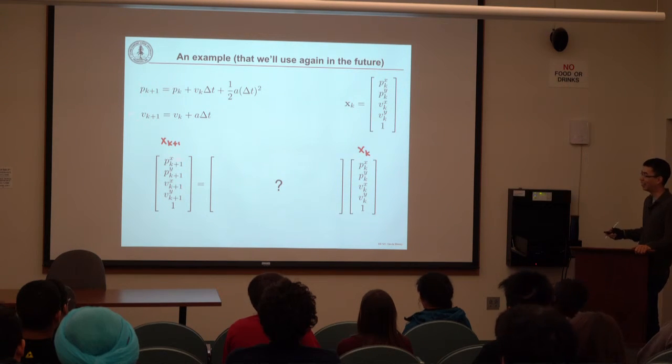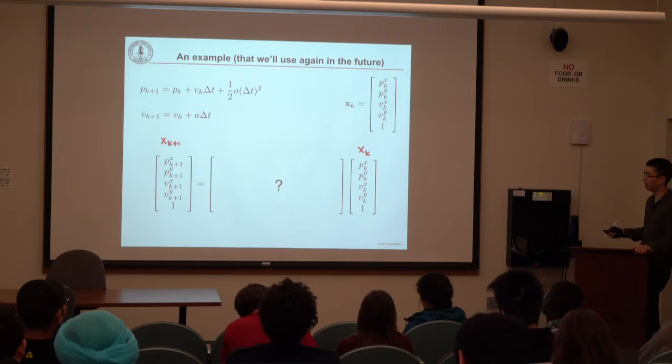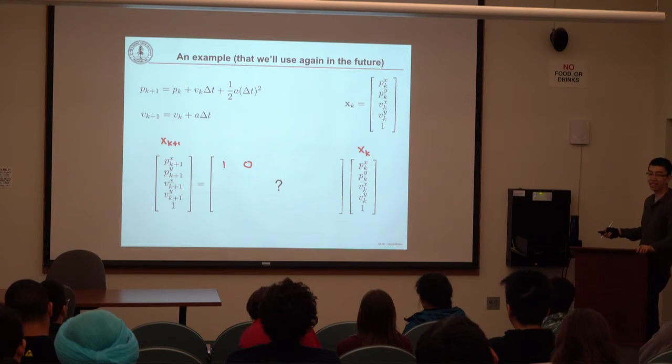Yeah. So it'll be a 1, right? Because pxk plus 1 is equal to pxk. So 1 will be here. And then there will be a 0 because pxk plus 1 is not dependent on py of k.